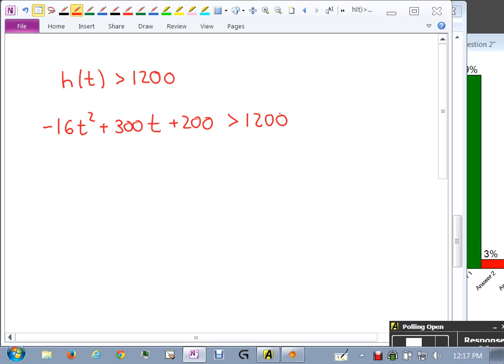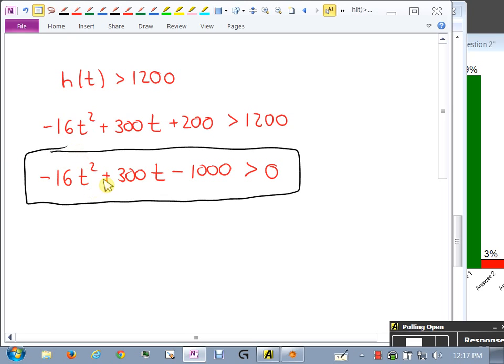This is what type of problem? It's a quadratic inequality. How do we do it? Move everything over to one side first. So you would get this. I'm not going to go through this whole thing. I just want to get this one step done. Subtract 1,000. That's what we're interested in looking at.